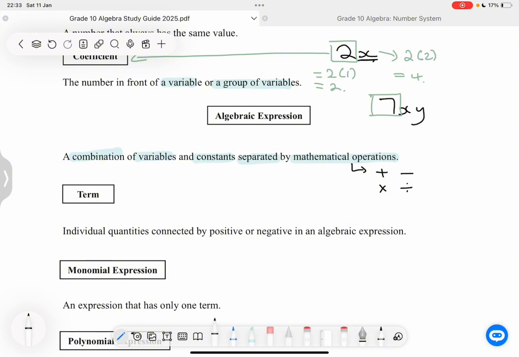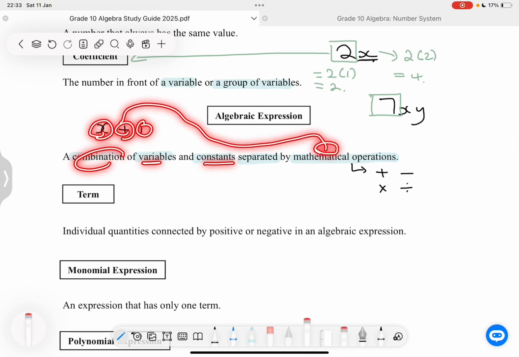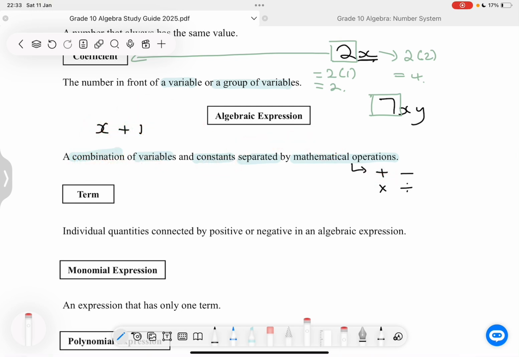Now, if you have variables and constants that are combined in one place, but they're separated by these operations, we call that an expression. How do I mean? If you were to have a variable x, separated by a positive, and we have a constant 1, we call this whole thing an expression, because it's a combination of a variable and a constant, and they're separated by a mathematical operation, plus.